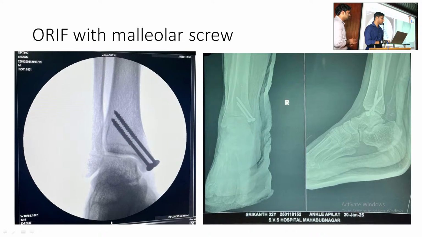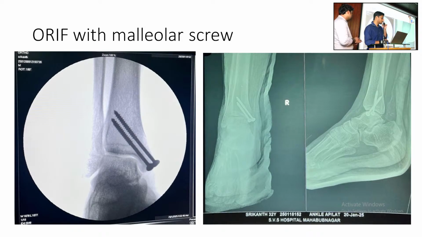What is the principle of the screw fixation for this fracture? Articular surface. No, to get the articular surface congruency, sir. No, no. What is the principle?